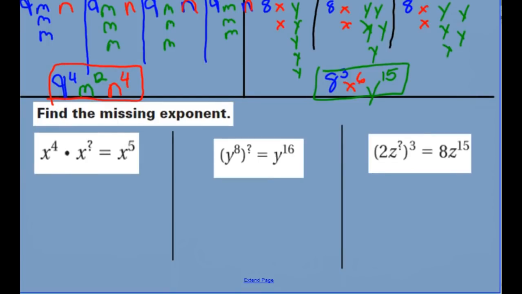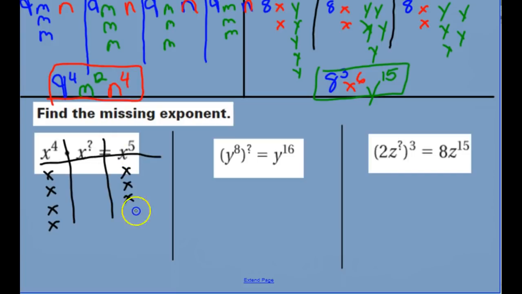Last but not least, we are going to find the missing exponents. So how we're going to do that is we're going to figure out how many of each that we have. So we can start by making our table here. X to the 4th, we know we have 4 x's. We don't know how many x's we have here, but we do know that we have 5 x's behind our equal sign.